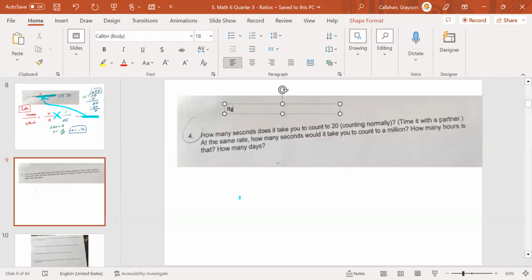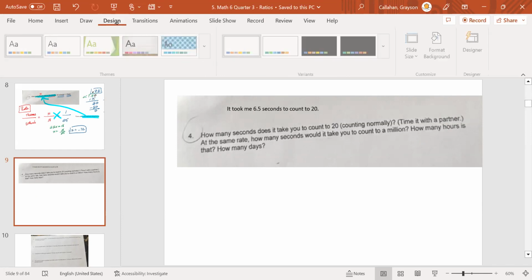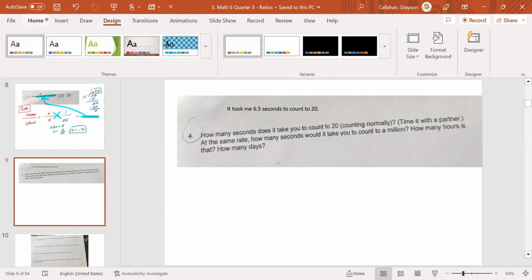You could write that's the first part, right? At the same rate, how many seconds would it take for you to count to 1,000,000? Okay, so what are the two parts of the ratio?